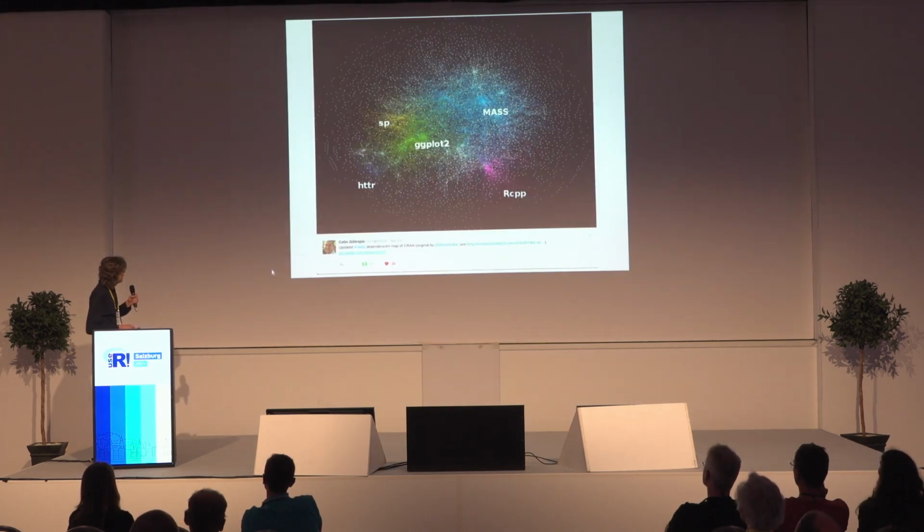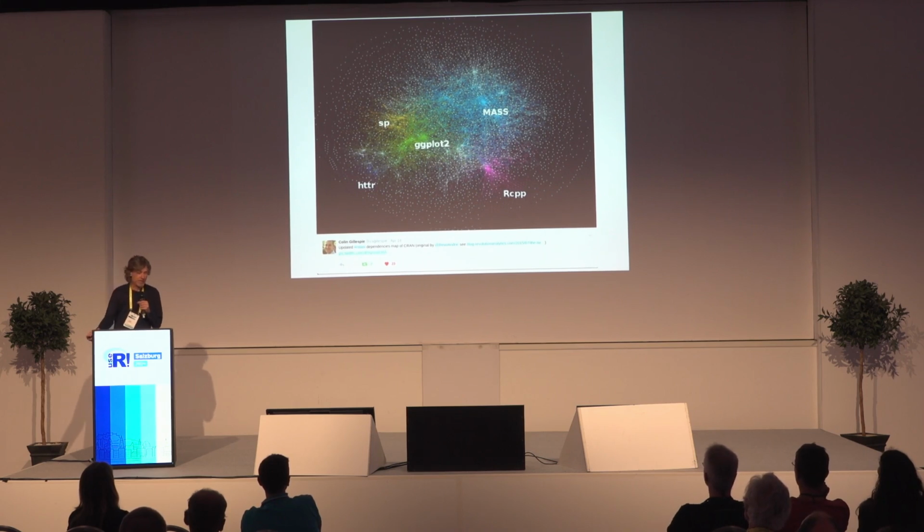And here you see this network graph. It is already 10 years old. This was 8 years old, where you see a couple of clusters around packages and one clearly defined cluster around the things that reuse SP. SP has very little functionality, but provides reusable components.